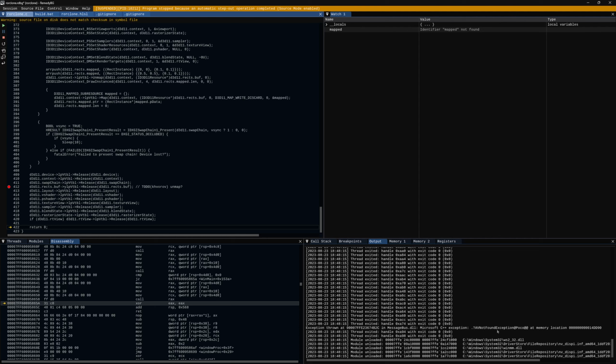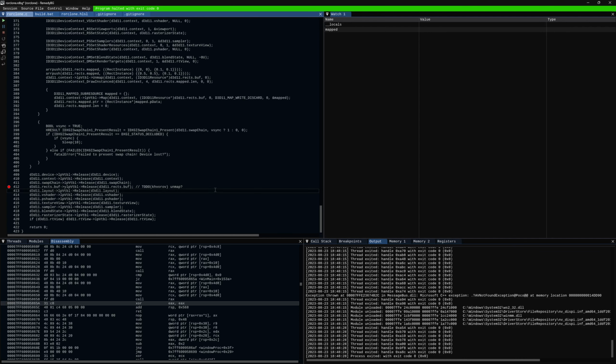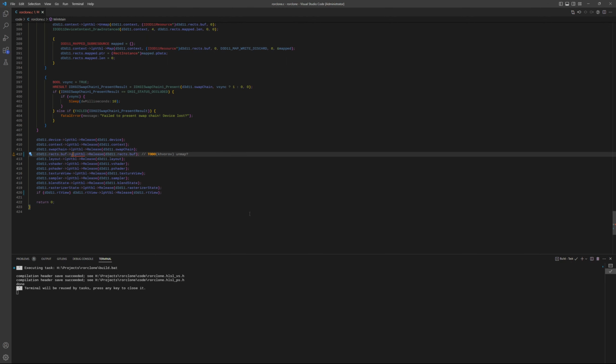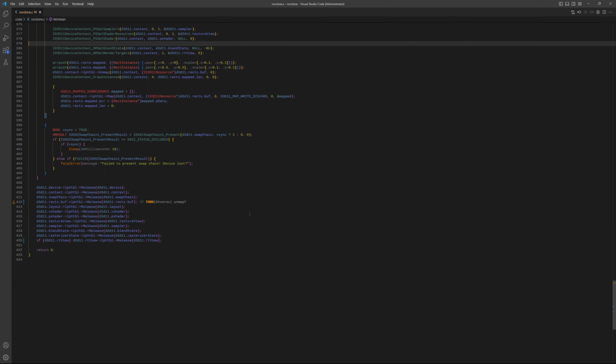Yeah, I think we always pretty much had that. Okay, so it seems to be that we, unless this is happening because it's mapped, I don't know, let's see. How do you unmap it again? Like that.